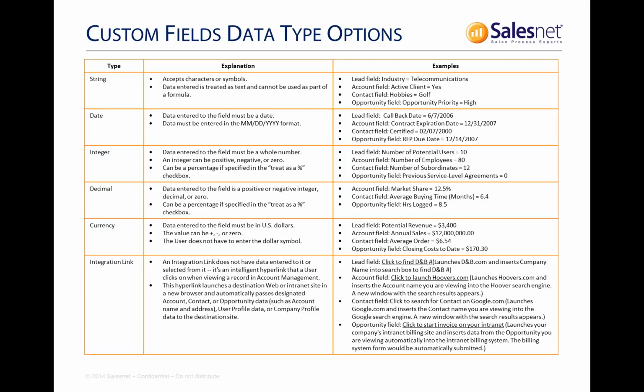So if you want to launch custom reports from another system and you want to pass along the Salesnet account ID because we've tied the two together, then you could set up an I-link to launch a business objects report or a data warehousing report, and you could pass along information to feed that report. So we can do some really cool things with the I-link functionality, to tie together systems at the web browser level.